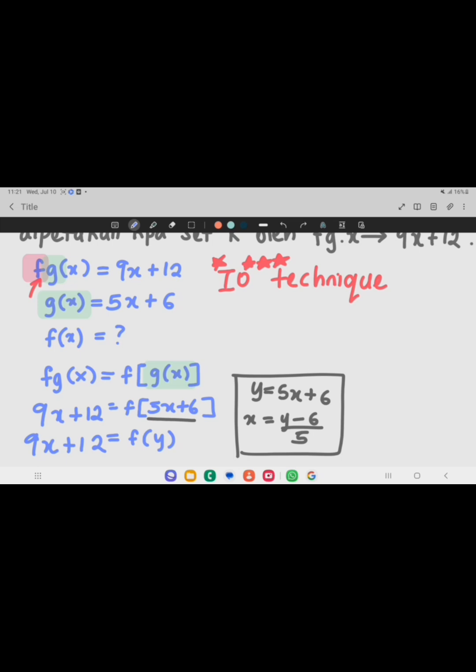But why can't you substitute the entire thing with 9x plus 12? Because you have already split them into two different functions. In this case, it is only one function, the composite function f of g of x. But here, we have split them into two different functions, f of x and g of x. It's like you have put a big bracket over here, which means you have already split them, so you cannot substitute this with 9x plus 12.